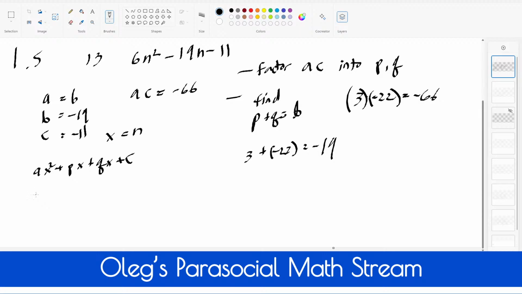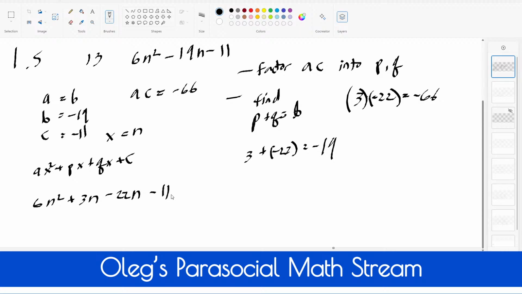We're going to say ax squared is going to be 6n squared plus, what is our p? p is 3n plus minus q, which is 22n plus c, which is negative 11.